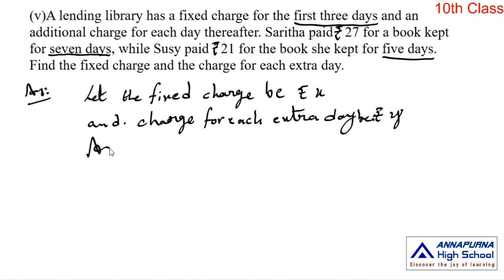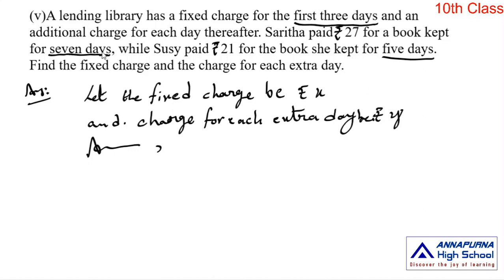Now according to the question, for 7 days Sharita paid 27 rupees. Just ignore this 27 rupees for now. In case Sharita kept a book for 7 days, how much did she pay? Find that value from these two quantities. Totally how many days did Sharita keep the book? 7 days.